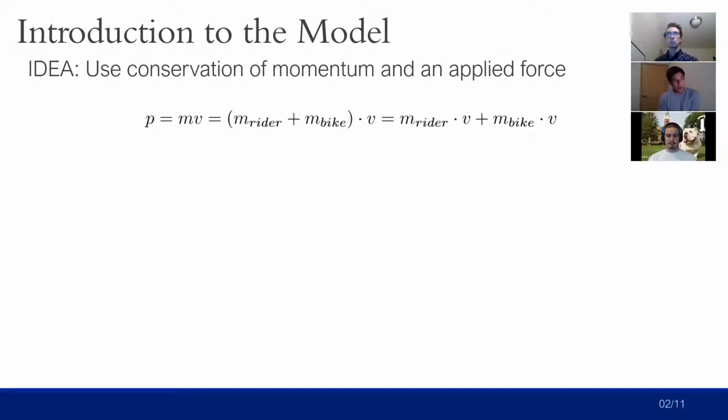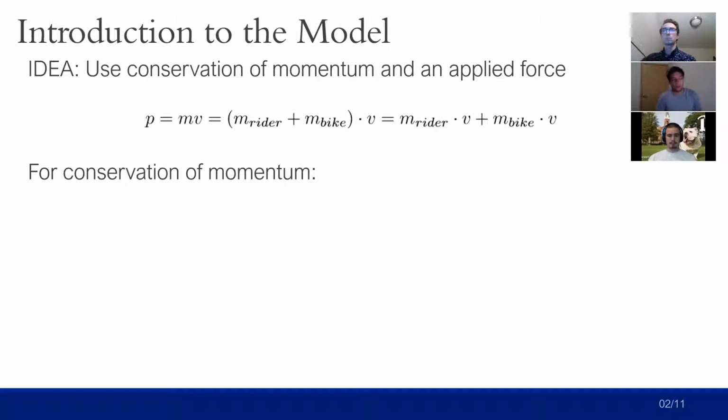Momentum is given by mass times velocity. So if we consider the mass of the rider and the mass of the bike to be one, essentially, as they're traveling along, and to get their momentum, we also include their velocity, since they're going as one kind of block.